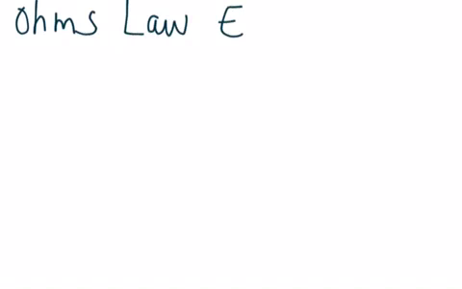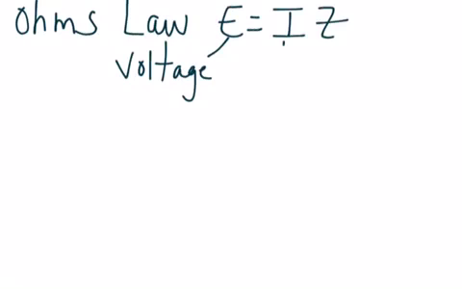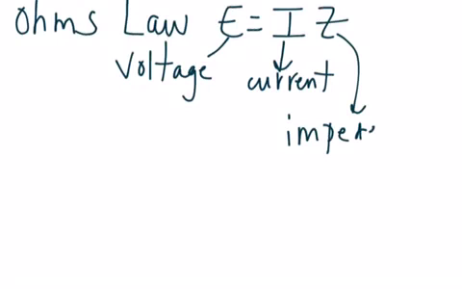Okay, the next part talks about Ohm's law. Ohm's law is used in physics to compare the difference between voltage, current, and impedance. E is for voltage, I is for current, Z is for impedance, which is the resistance to current.